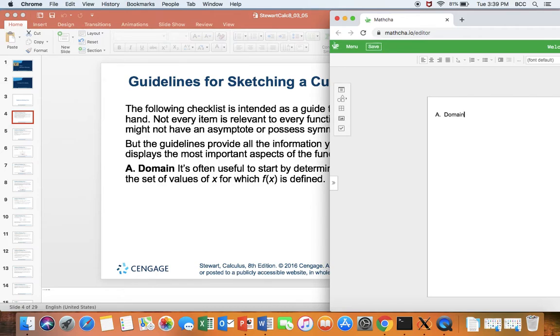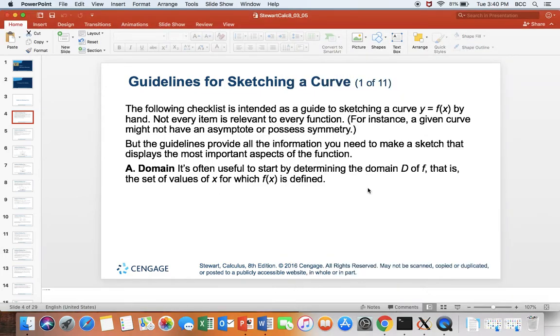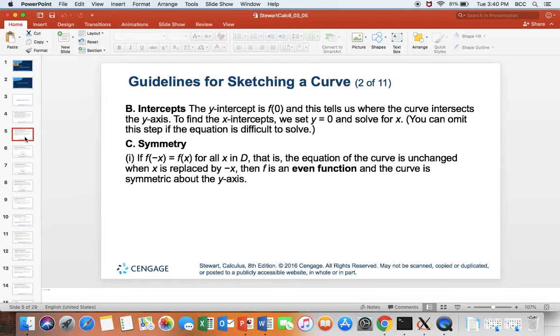What is the domain? It is the set of values of x for which f(x) is defined. Okay, this is an important point. So first figure out the domain for the given function.